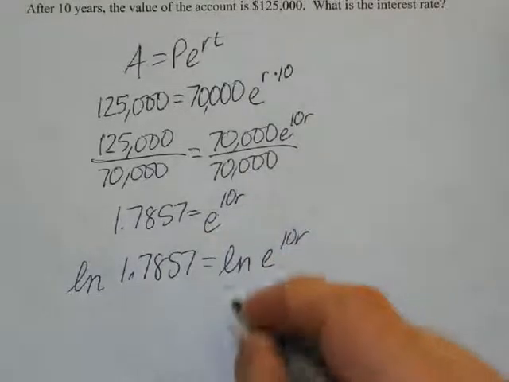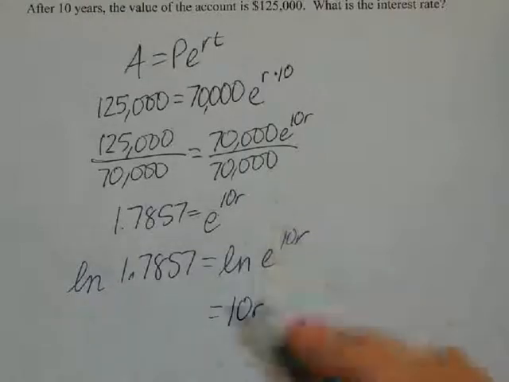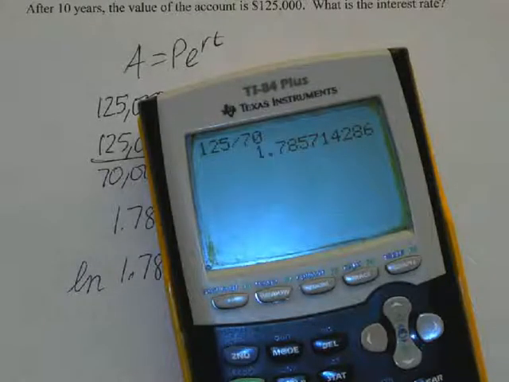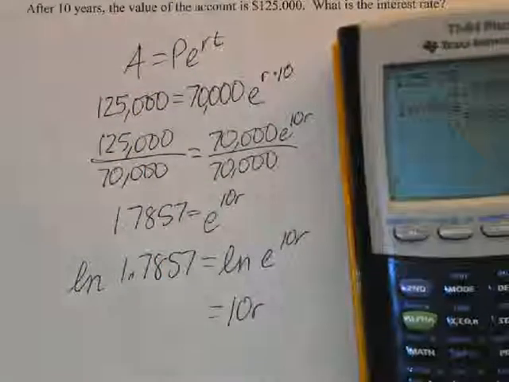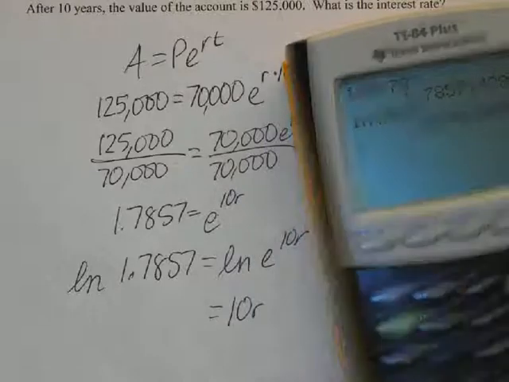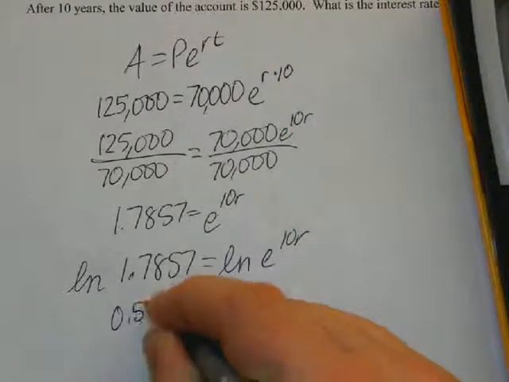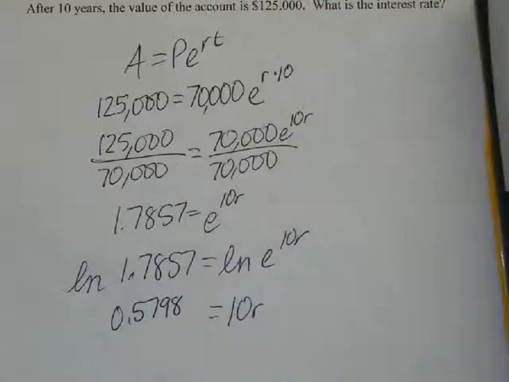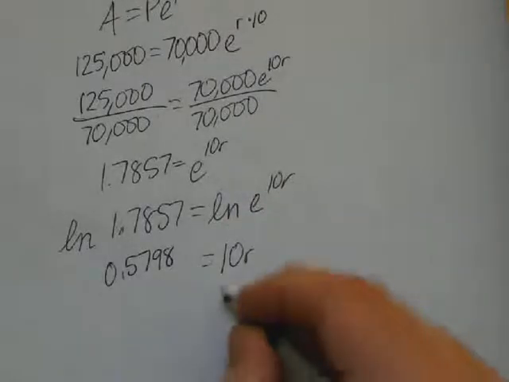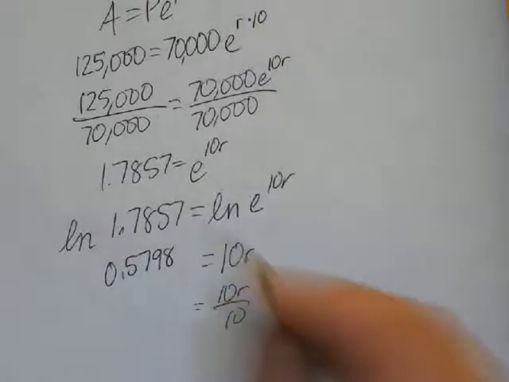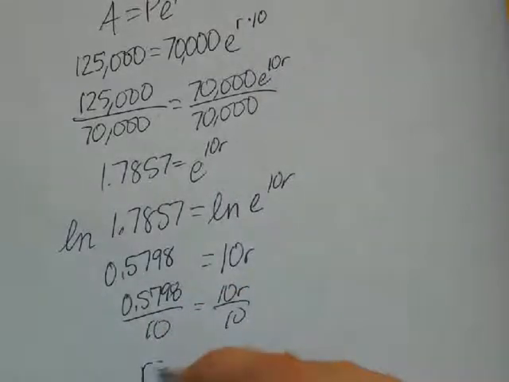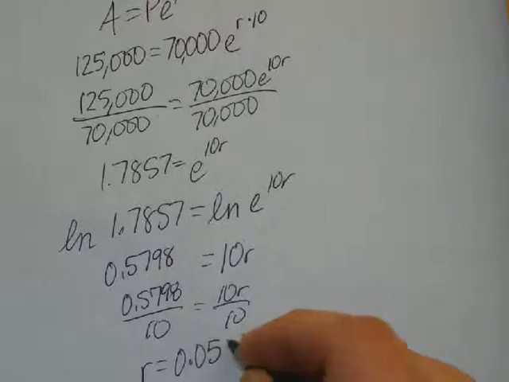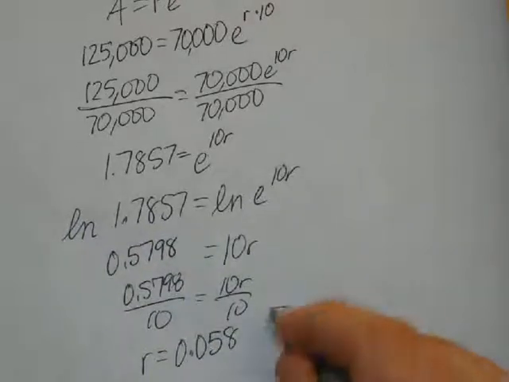So the right side just becomes 10r. And the left side, about 0.5798. So then to solve, divide both sides by 10. And that's about 0.58 or 5.8%.